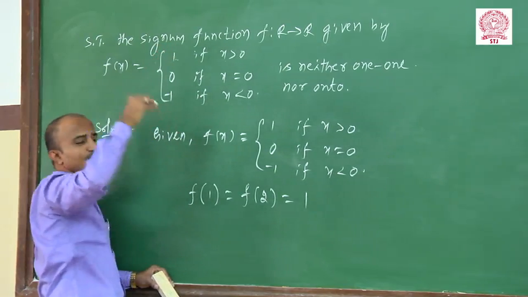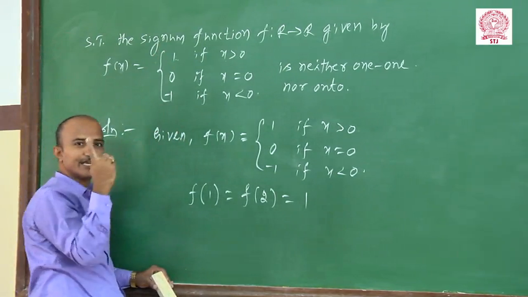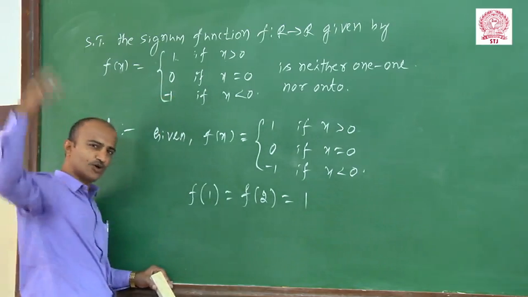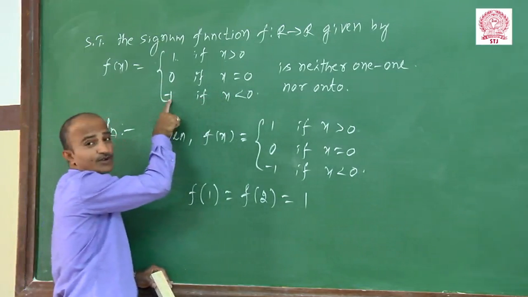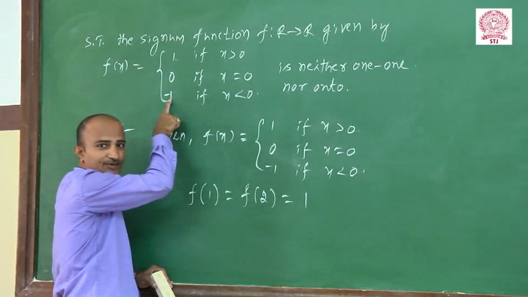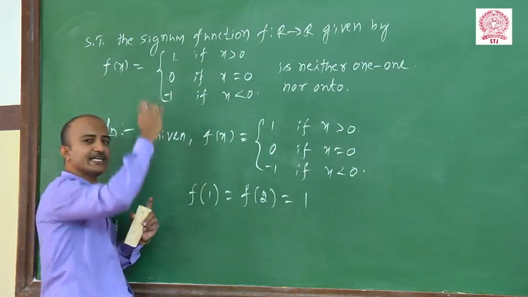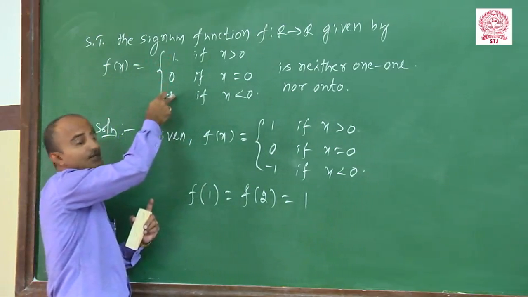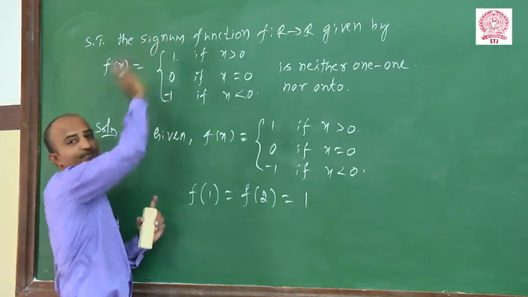If x is 1, 2, 3 and so on up to n, then what is the value of y? Y is only 1. Likewise, if you take x as minus 1, minus 2 and so on to minus n, where y is minus 1 only. Means image of any negative element of domain is minus 1, and for any positive element of domain the image is plus 1.